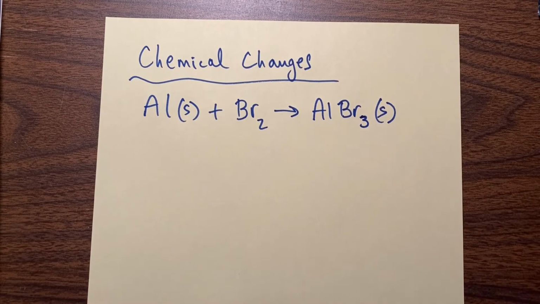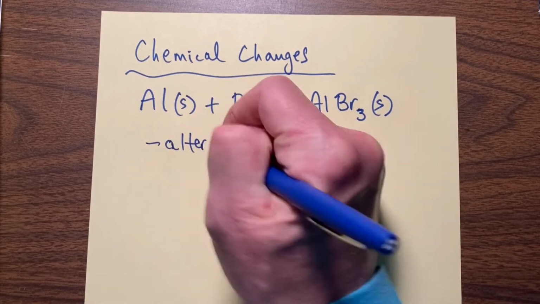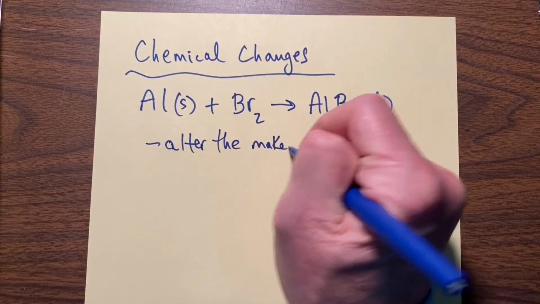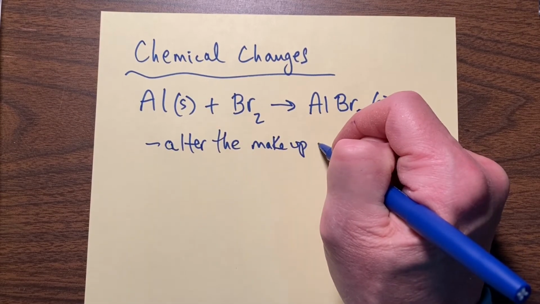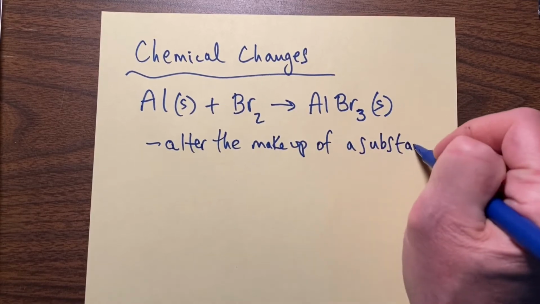That isn't balanced yet, but we will talk about balancing equations at a later time. But chemical changes alter the chemical makeup. So it alters the makeup of the substance. What's the makeup of a substance? It's its formula. Its formula is going to change.